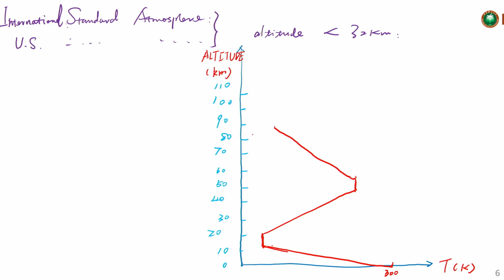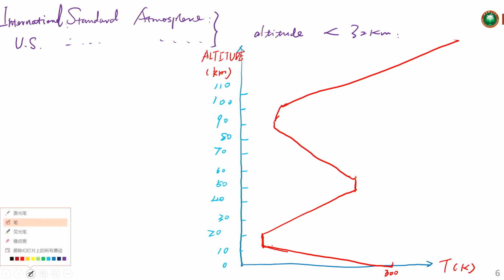And after that, it stays a little bit constant with the increasing height, and then decreases, and decreases to here. After that, it increases again, very high. So this is the temperature evolution with respect to the altitude.